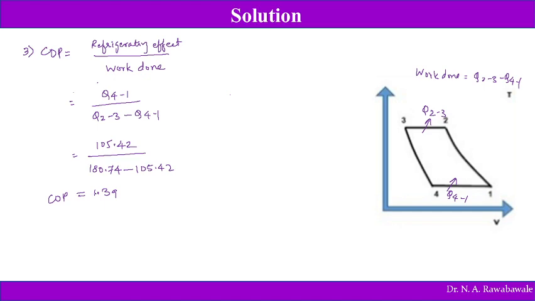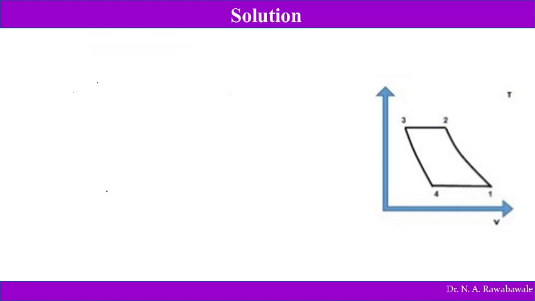So now specific power is asked here. The specific power we want to find out, the fourth part, specific power in kilowatt per ton of refrigeration. So here, first of all, work done. Work done is given by Q23 minus Q41.